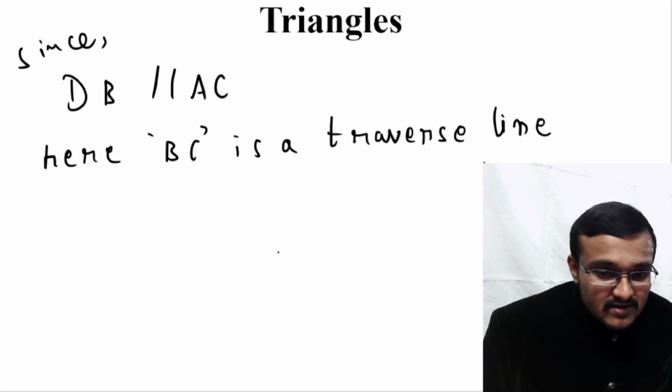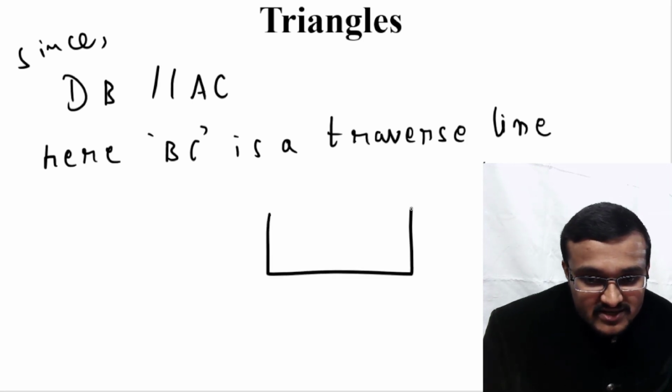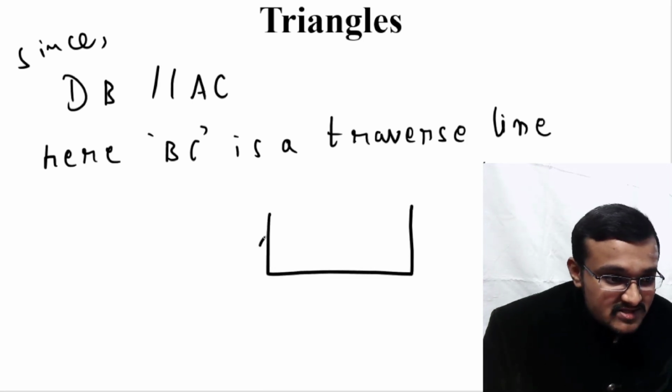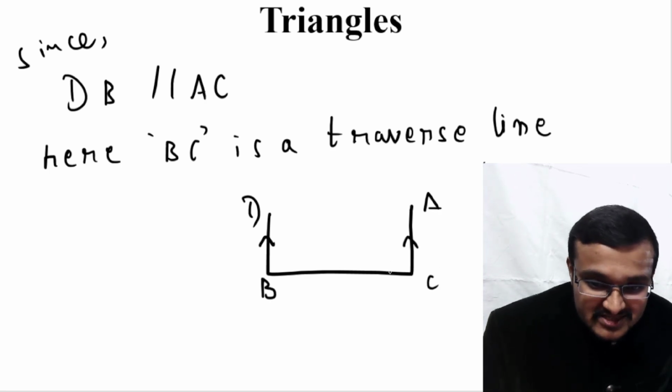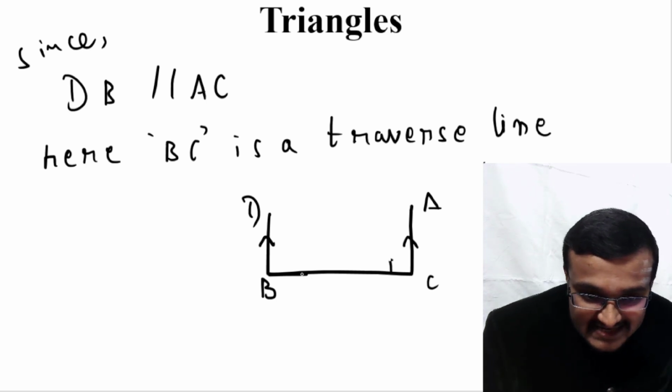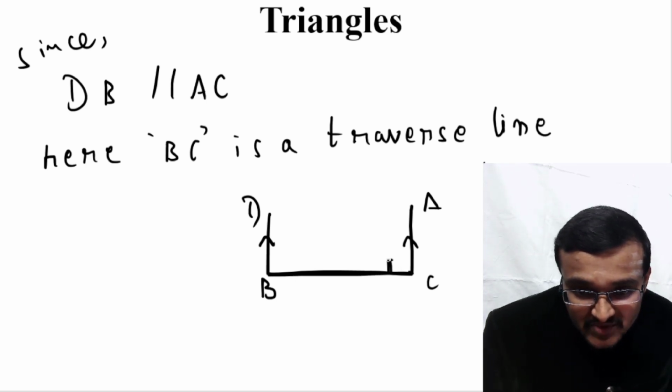So here DB is parallel to AC, and BC acts as the transversal line.